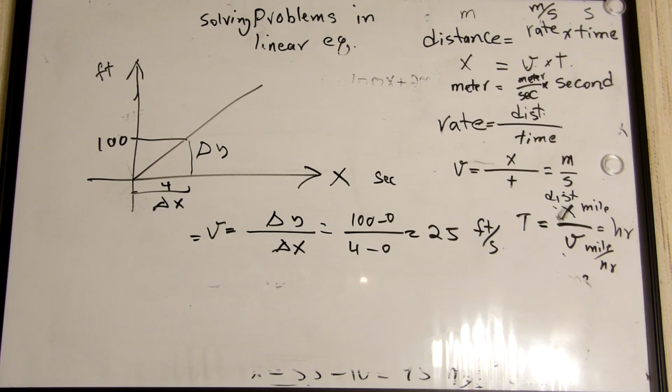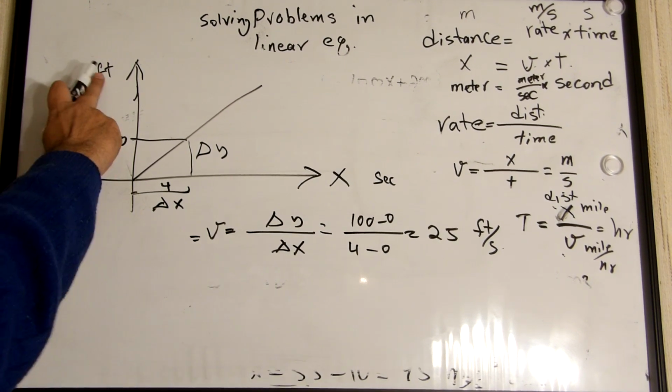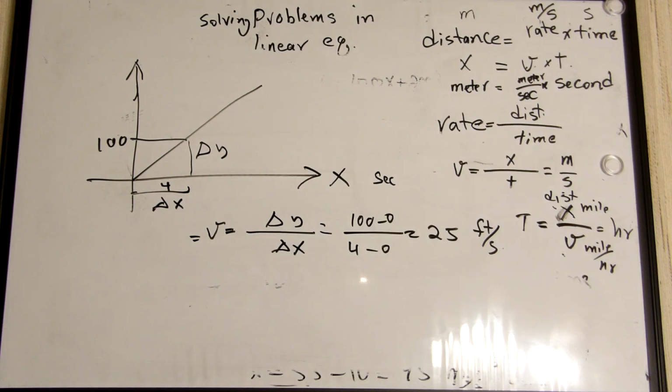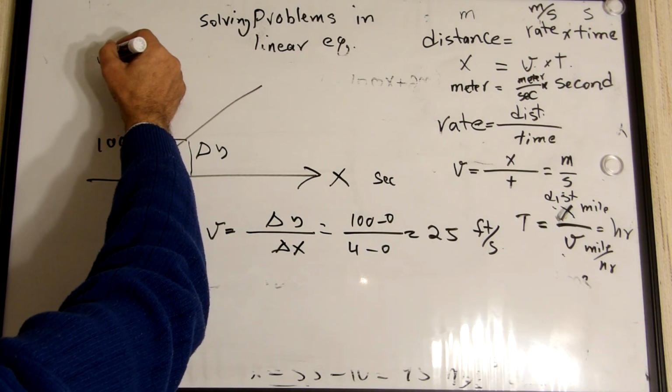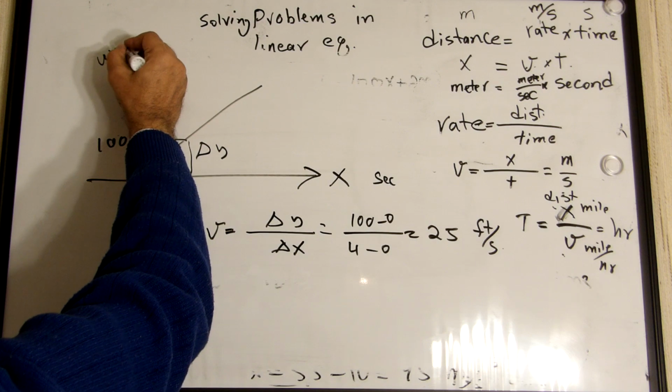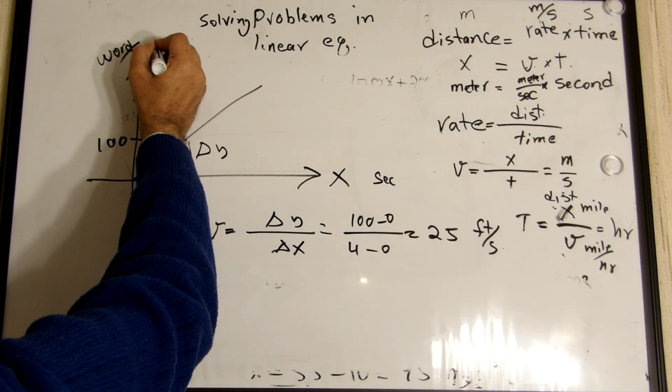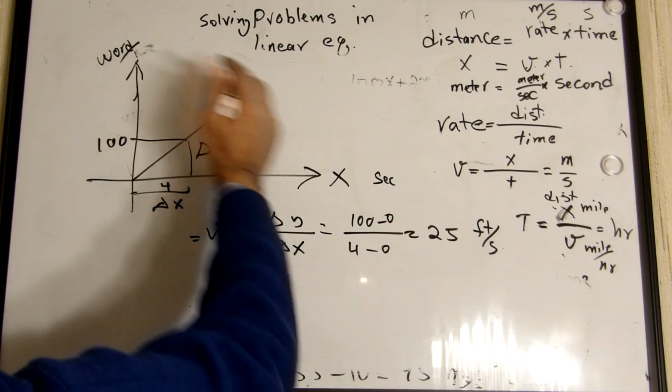So whatever this could be, a typewriter can type like 50 words per minute. If you see words per minute, this is word, this is minute.